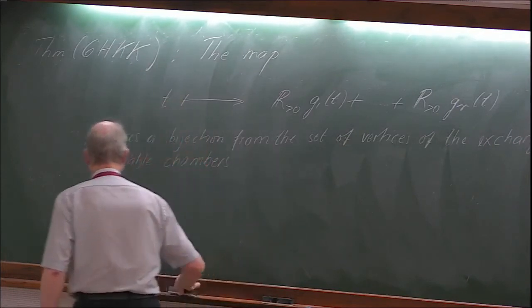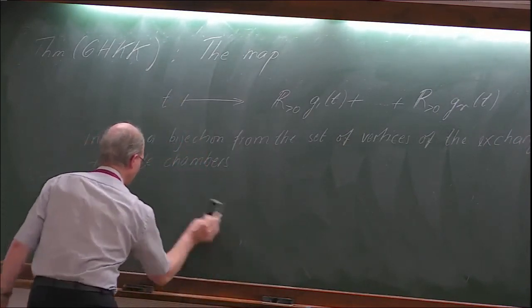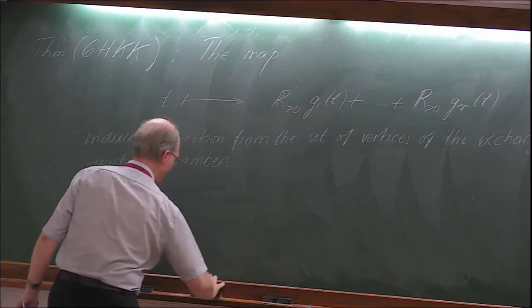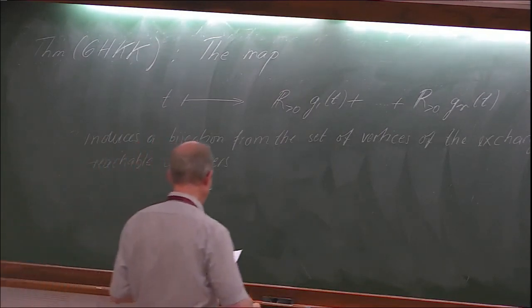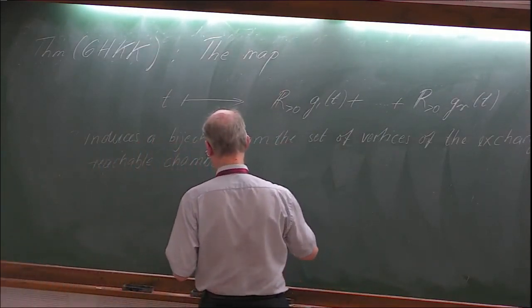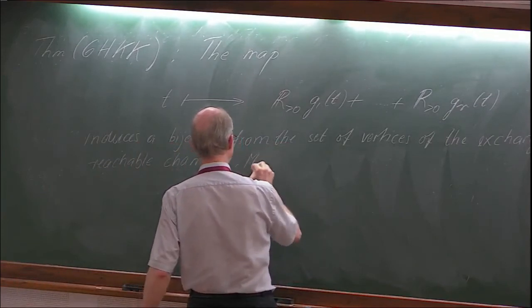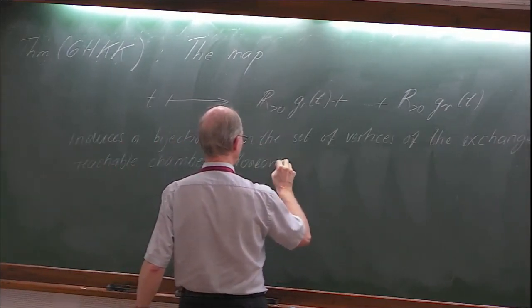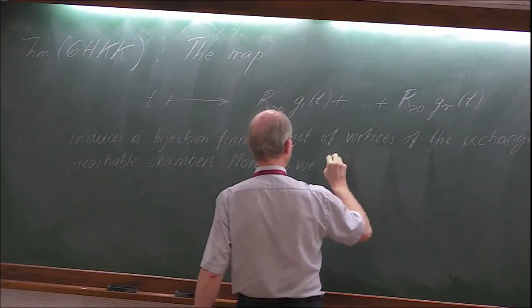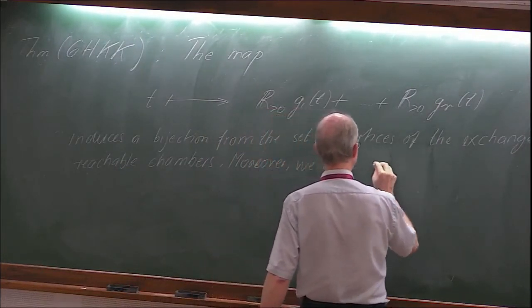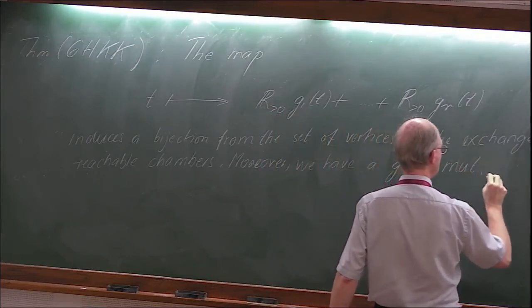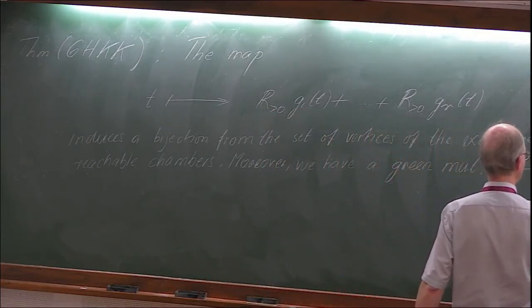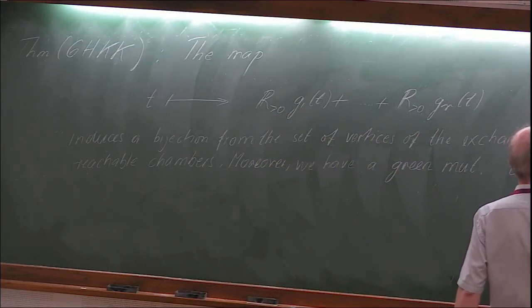And moreover, the geometry of the chambers reflects the orientation of the exchange graph, namely, moreover, we have a green mutation from T to T'.